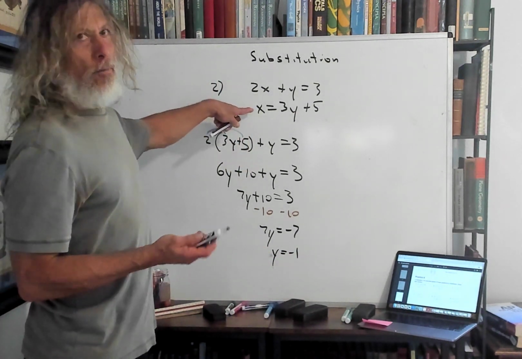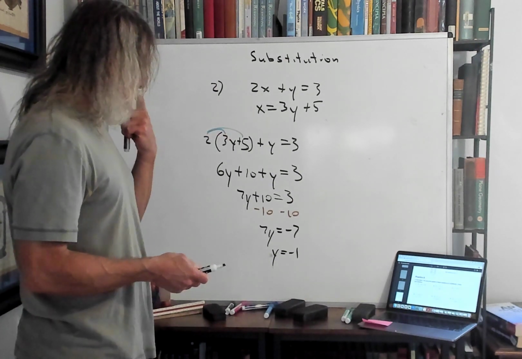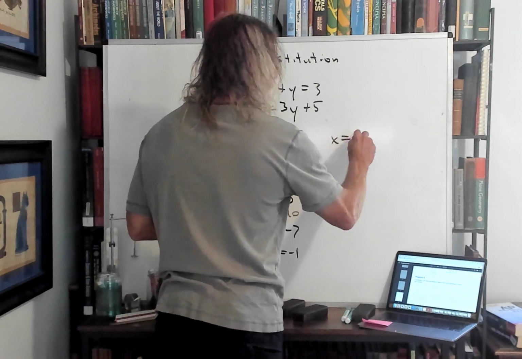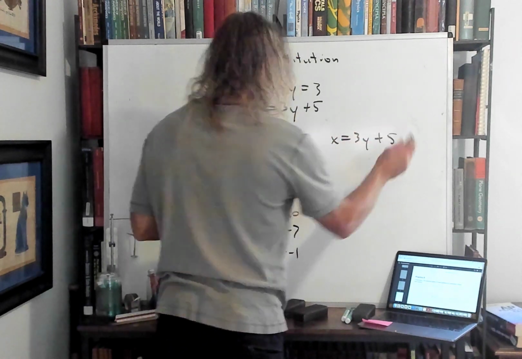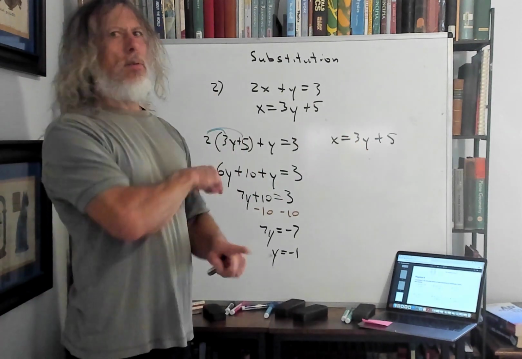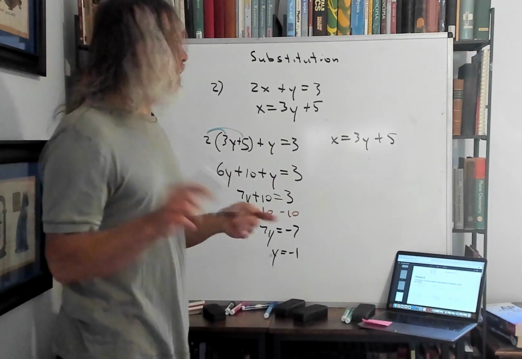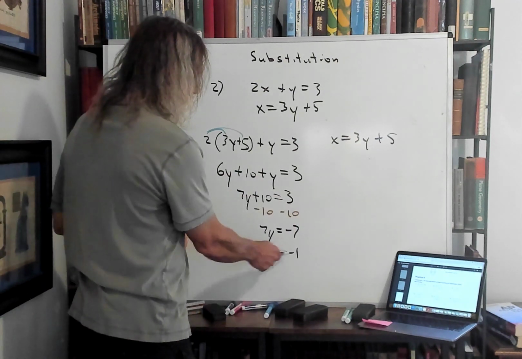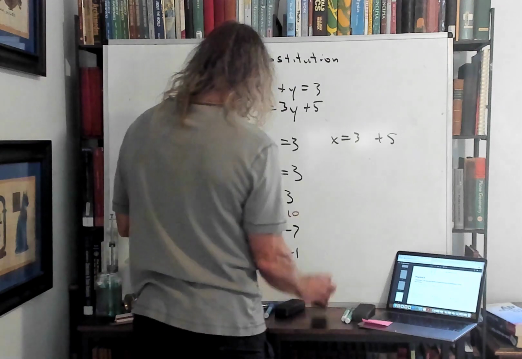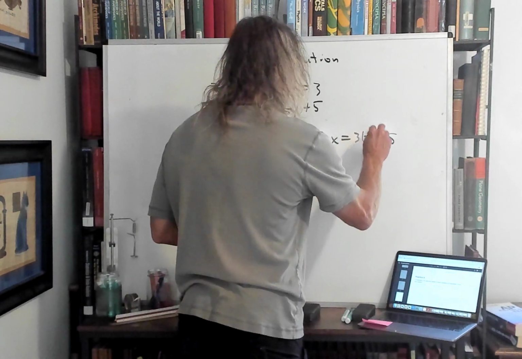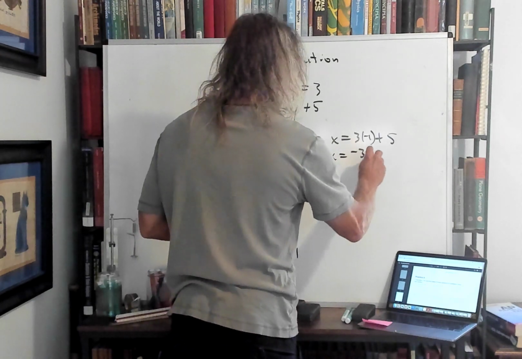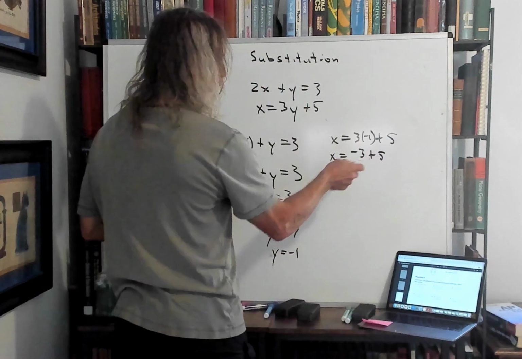And then we can use our formula for x to see what x equals. Again, y is negative 1. It's the same thing in a different way, so I can put a negative 1 in there. So then I get negative 3. Negative 3 plus 5 is 2.